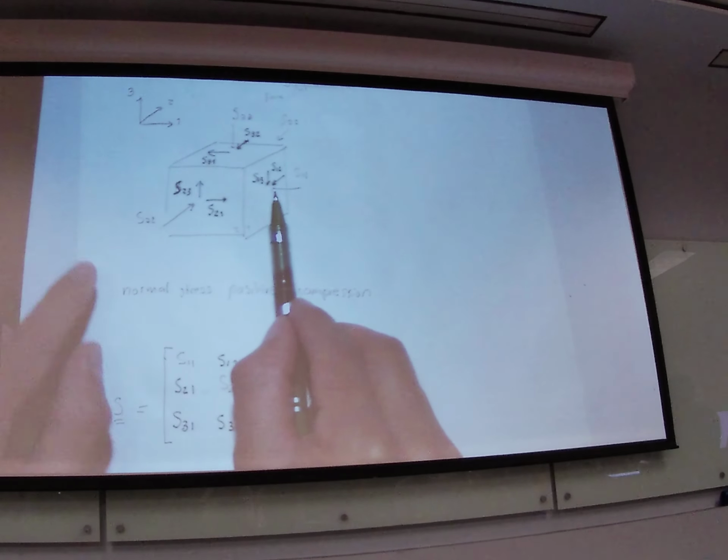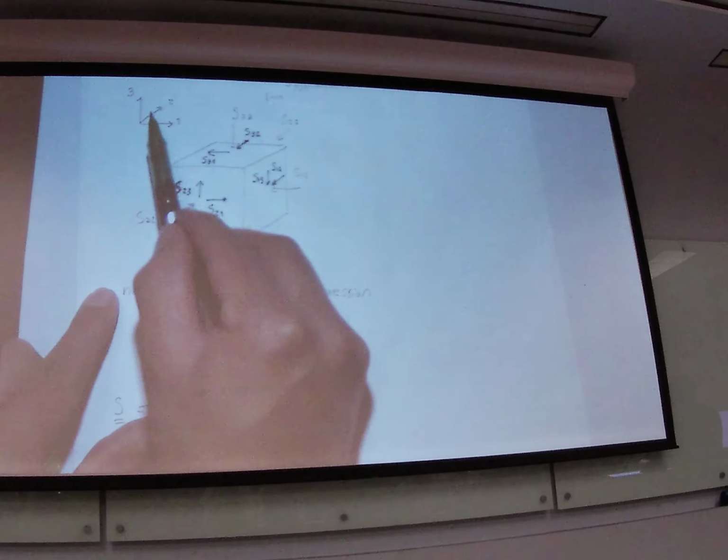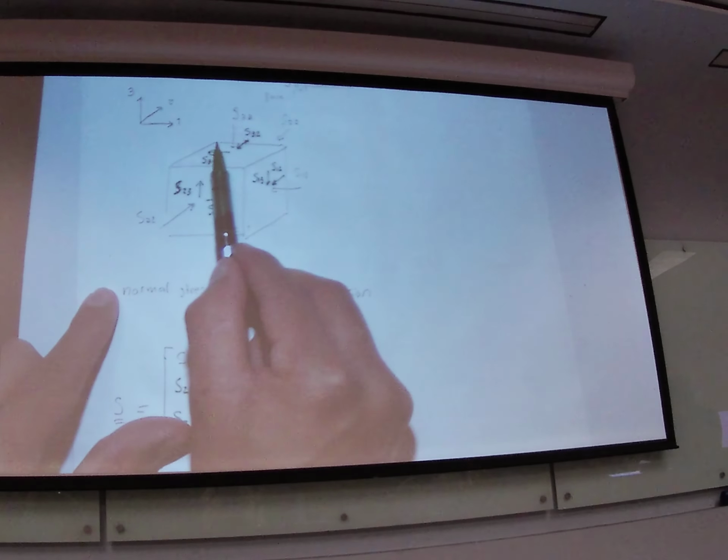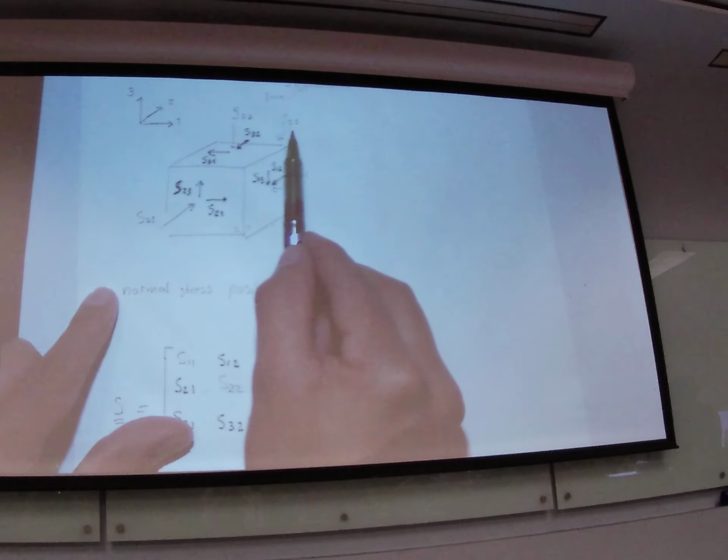So for example, if we wanted to go positive in direction 2, we should go from here to there. But now the only stress that we see is S22.